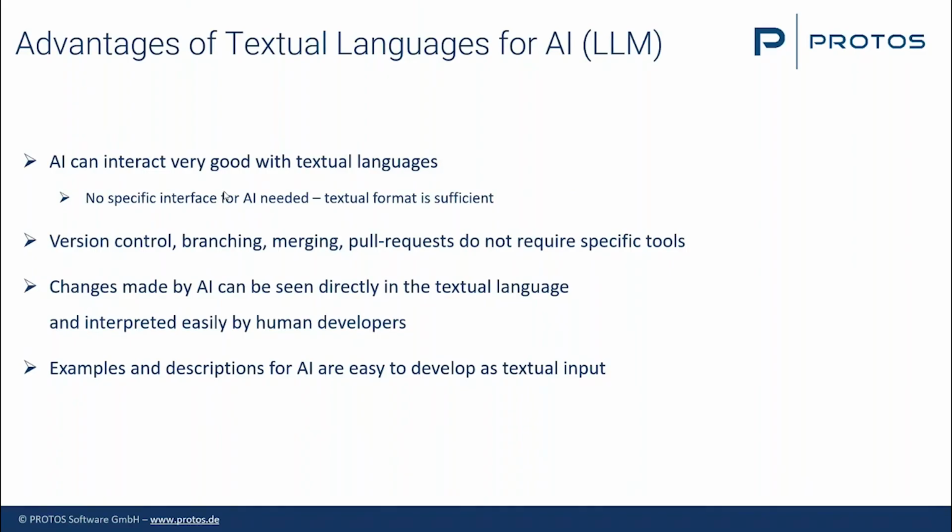I'll show you this later in my example. So those are, from my point of view, big advantages of human-readable textual languages in comparison to something like XML, XMI, or other binary languages. The AI actually doesn't care which kind of language this is, but you as a human being need to verify what the AI did.